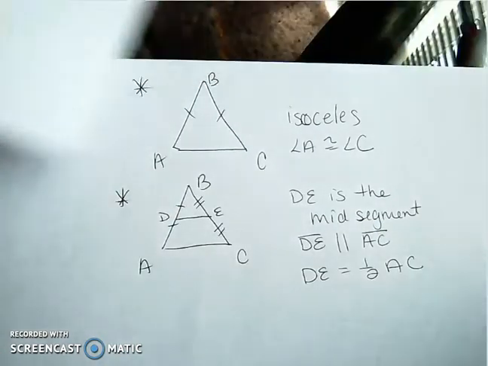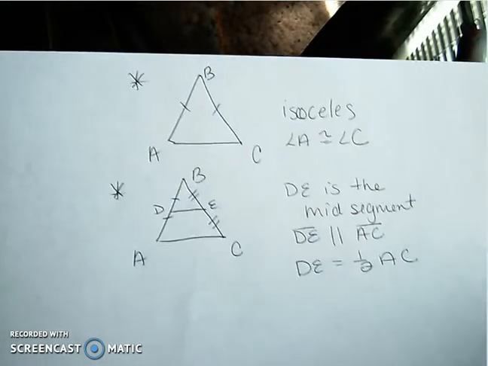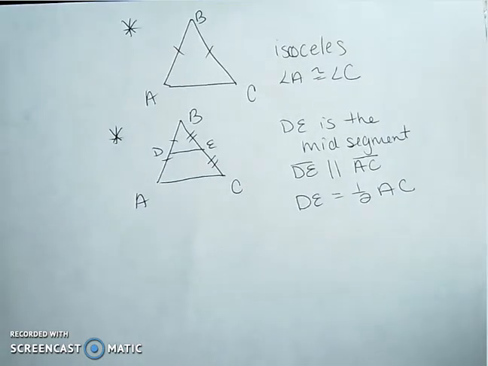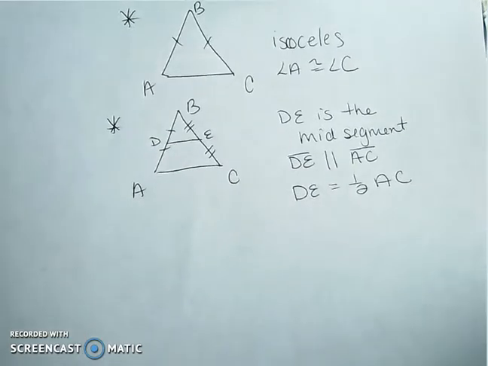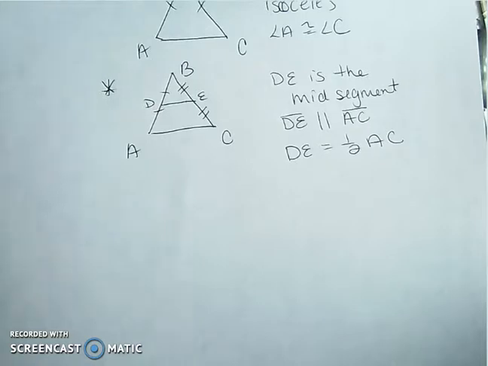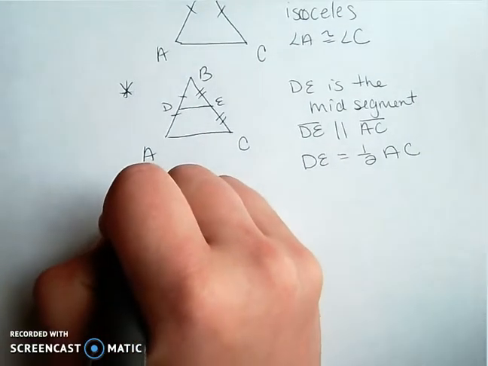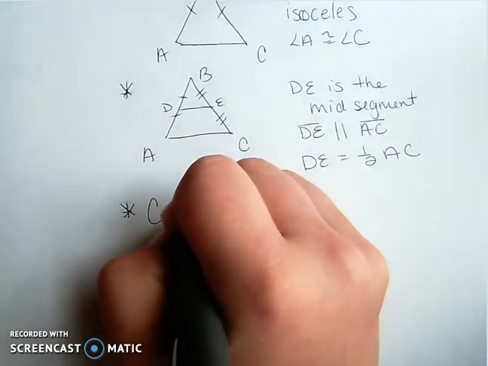In this unit, we actually talked about a lot of different segments. We talked about altitudes and angle bisectors and perpendicular bisectors and medians. And then there's centers, if you remember orthocenter and all those wonderful centers and their relationships. The great thing about your final exam is the only one that you are required to know is your centroid theorem.